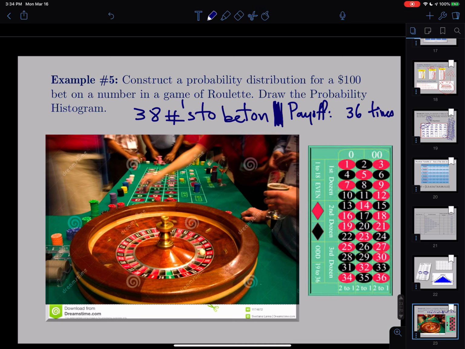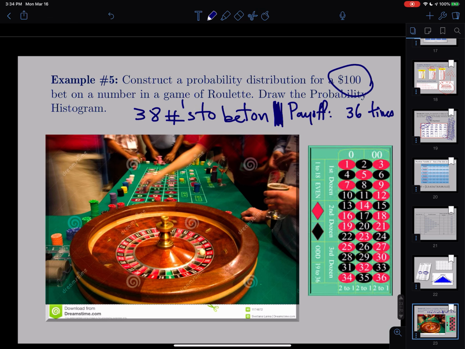So for a $100 bet in this example, if you win, you will win 3,600. And if you lose, you'll lose that $100 that you invested making the bet. So now let's see how we can construct this probability distribution.